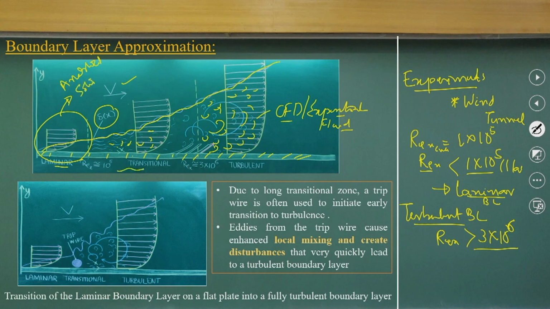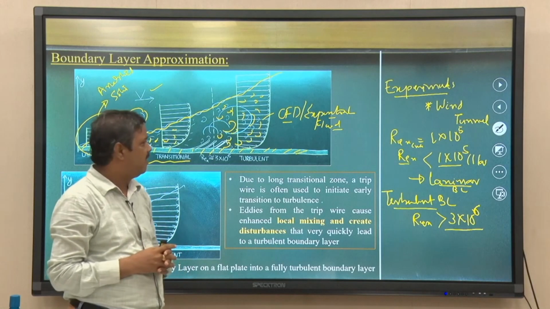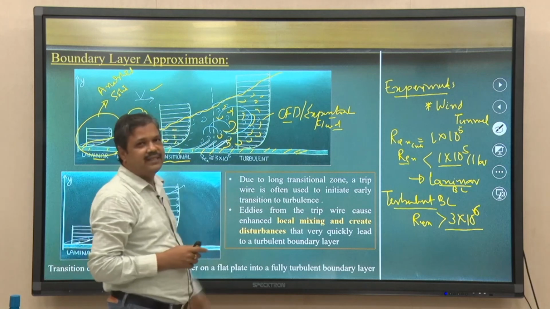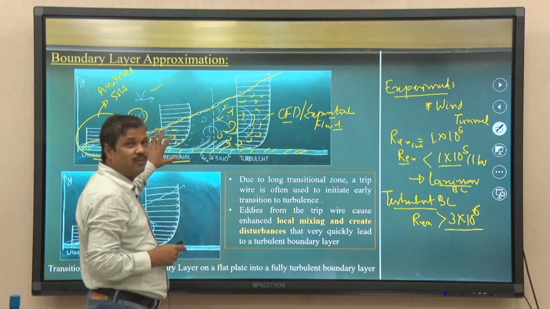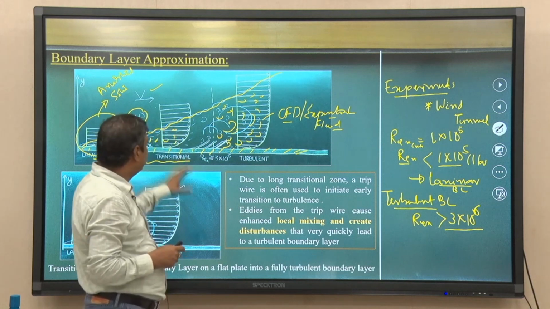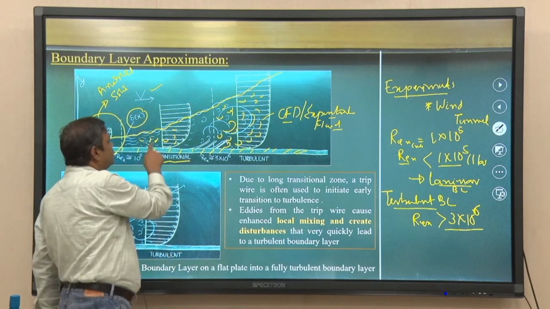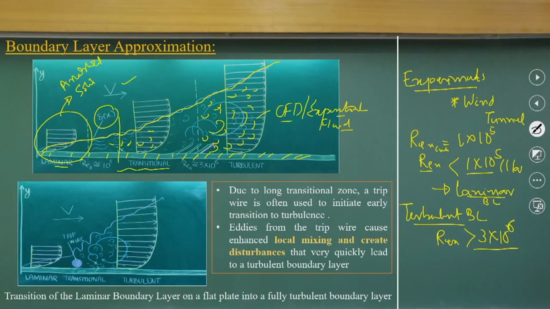What happens in these transitional zones, which are in between the laminar and turbulent zones? Even the best CFD software today is unable to represent this transitional flow, because when the flow is transitional, more complex flow patterns happen in these regions. Again I am repeating it, it is very complex flow compared to the turbulent.